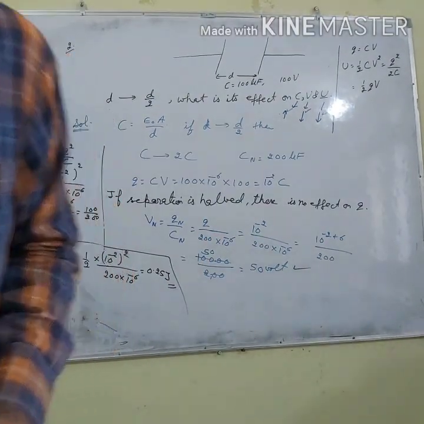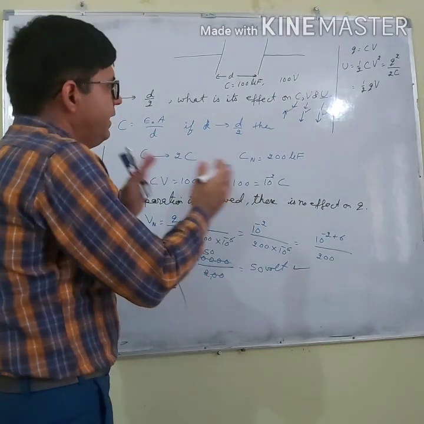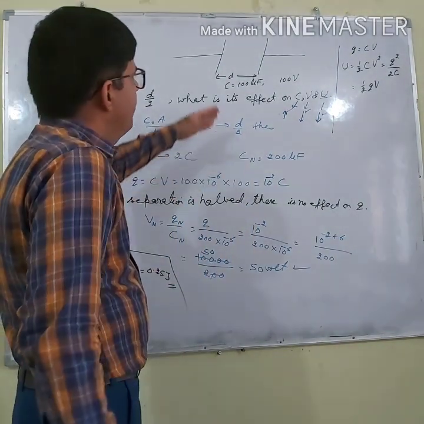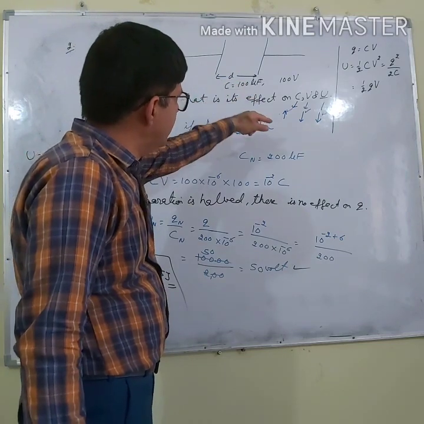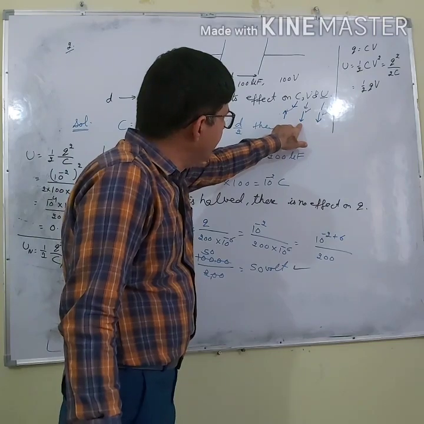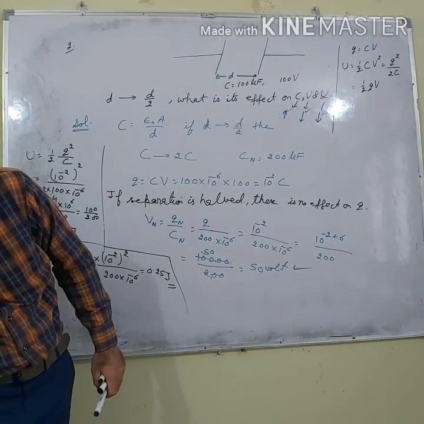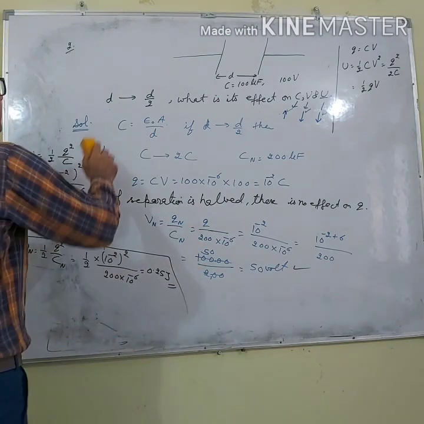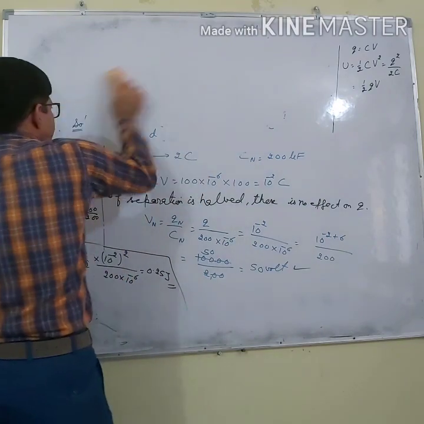So what can we say? We can say that if I decrease the separation, what will happen in this case? The capacity will increase, potential will decrease, and potential energy will also decrease. Right? Now let's move to another question.